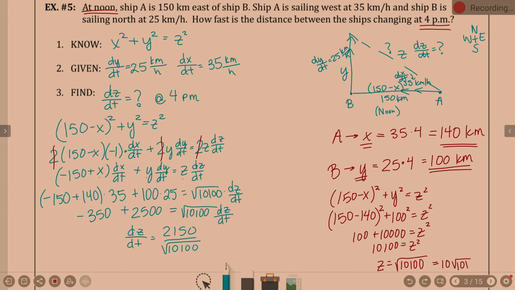That is the change in z over time. So my label would be kilometers per hour. And officially this would be at 4 p.m.